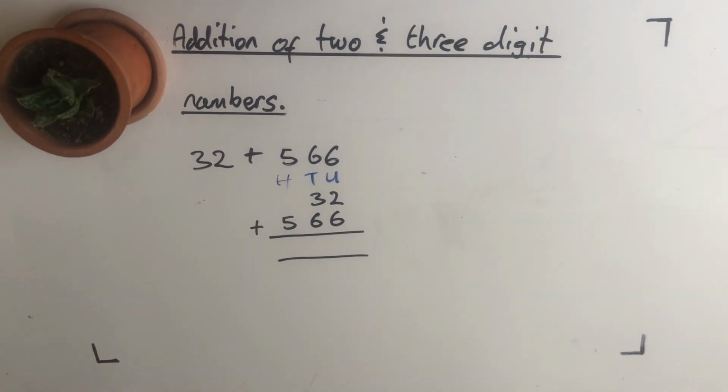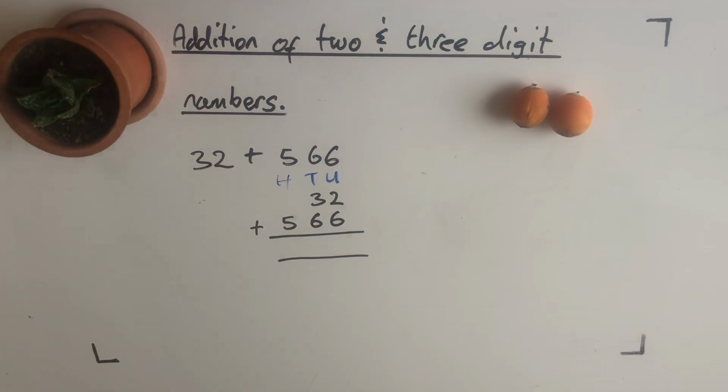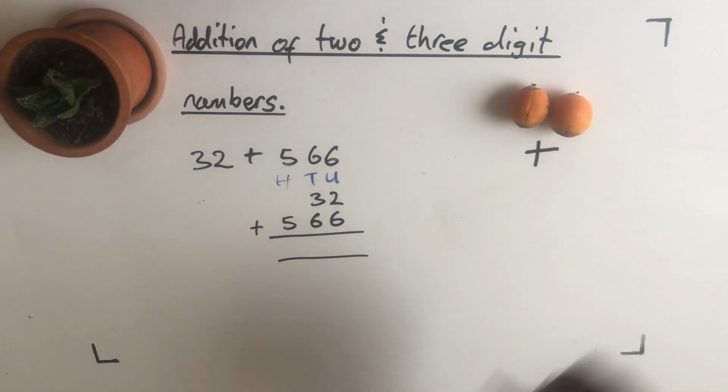Okay. So let's look at the units. In the first one I have 2 units plus 6 units. Right?